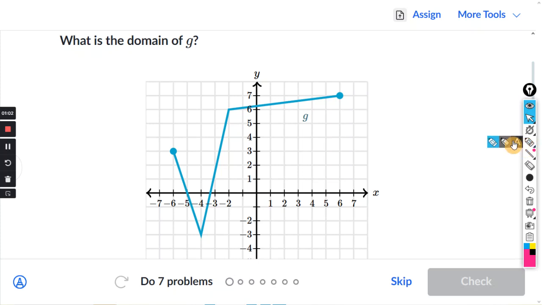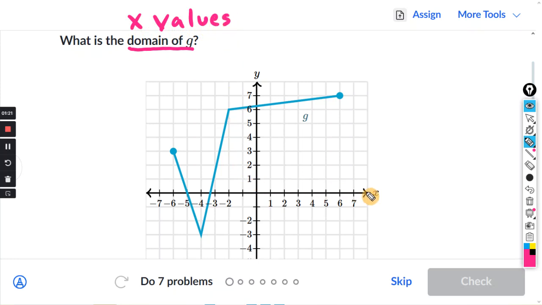All right, first question, they're asking us what is the domain of the function g. g is just the name of the function, but we said for domain, those are the possible x values.